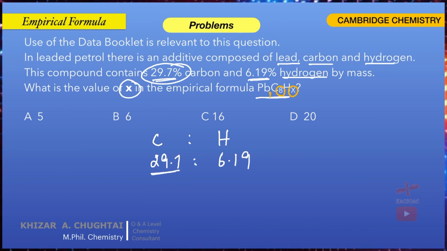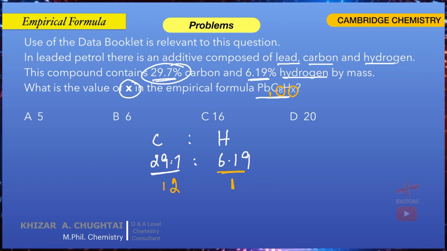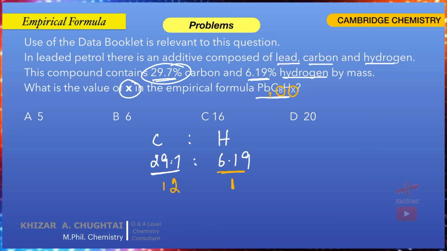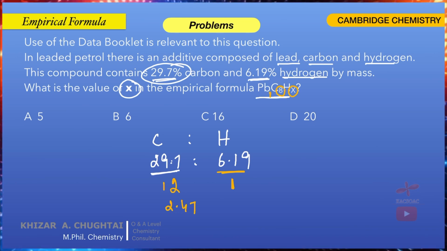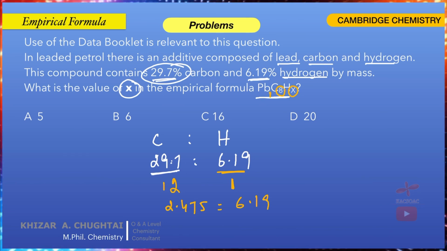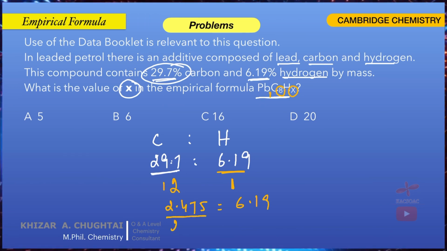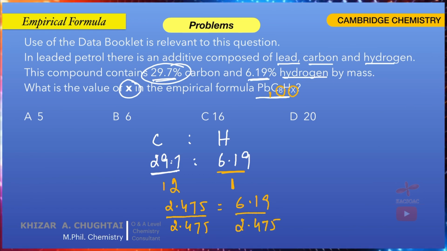This carbon percentage divided by its AR, 12, and this 6.19 divided by 1, the AR of hydrogen. The ratio of the carbons: 29.7 divided by 12 is equal to 2.475, and 6.19 is the ratio of hydrogen. Now divide by 2.475 on both sides, as it is the smallest number. That is equal to 1.